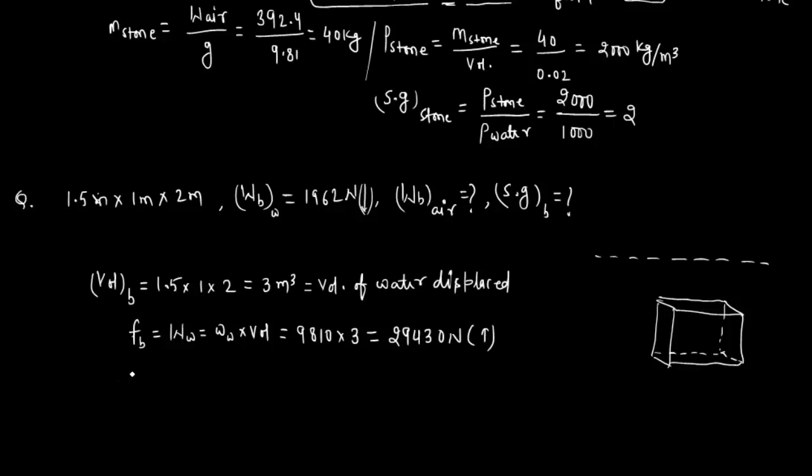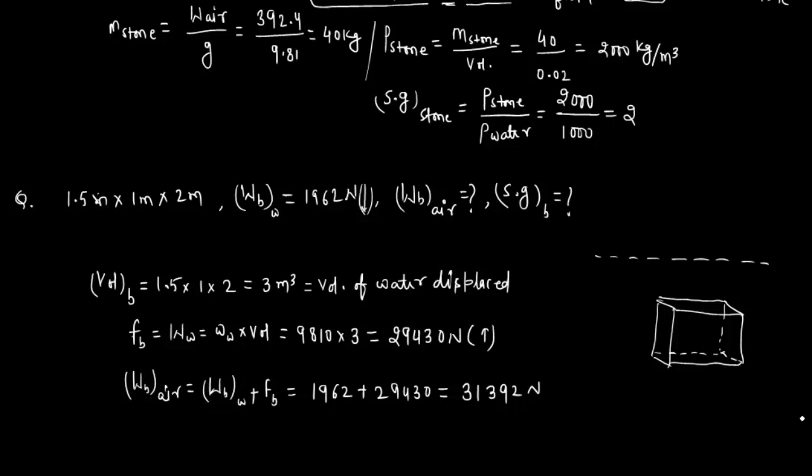So weight of the body in the air will be equal to weight of the body in the water plus the buoyant force. So this will be 1962 plus 29430, and that will be equal to 31392 Newton. Okay, this is the weight of the body in the air.